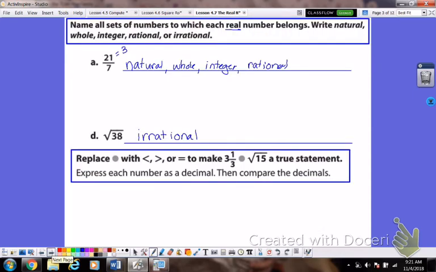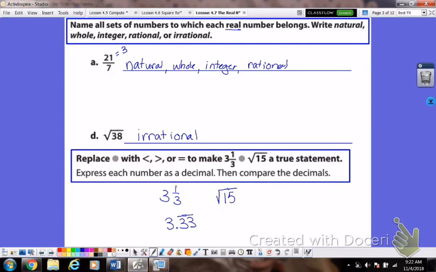Okay, so that's classifying. Now, replace the dot with less than, greater than, or equal to make this statement a true statement. So we have 3 1/3 compared to the square root of 15. We want to express each number as a decimal, then compare the decimals. We know that 1/3 is a repeating 3, so 3.3, go ahead and do 2 3's repeating.